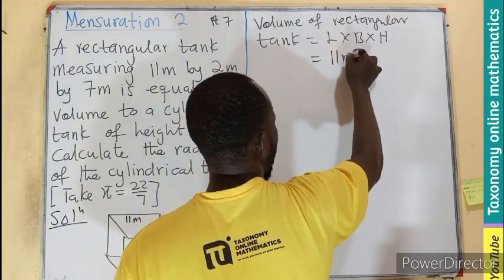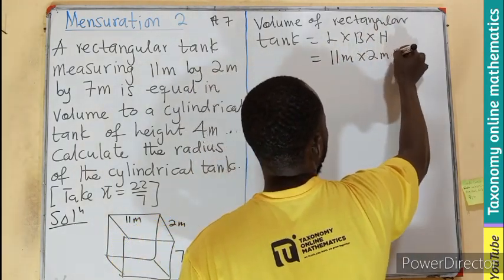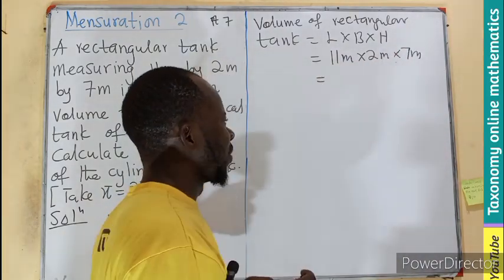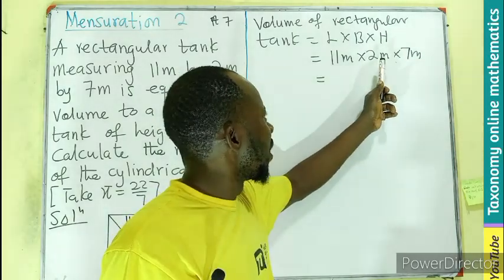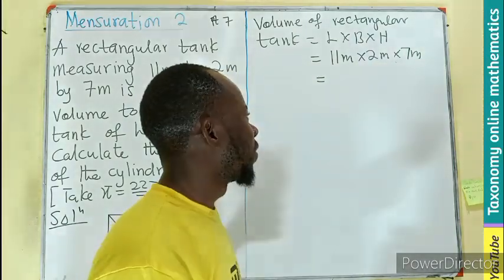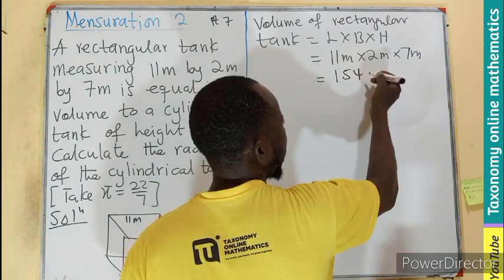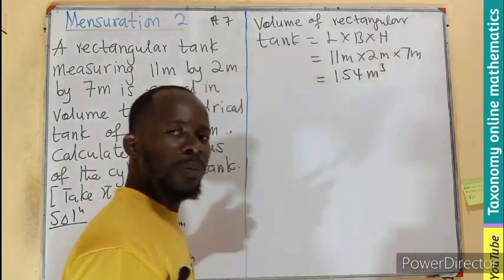So 11 meters by 2 meters by 7 meters, and that will give us 14 times 11. So you have 154 meter cube.